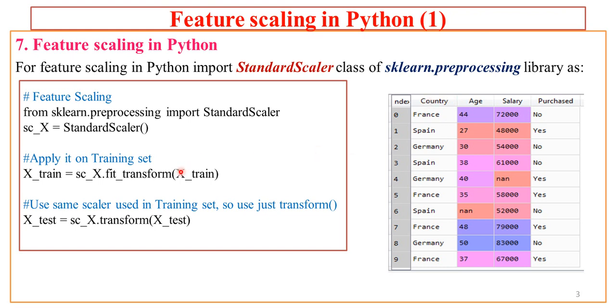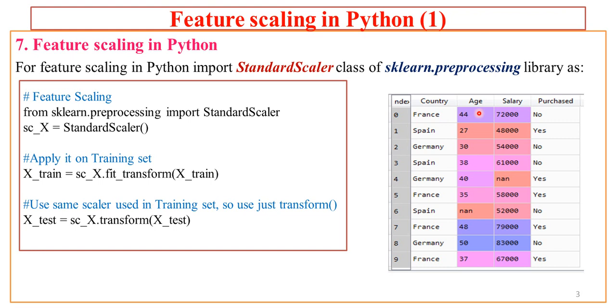So whatever is there in x_train, that particular part will be scaled with StandardScaler, and the new value of x_train will be the scaled value.